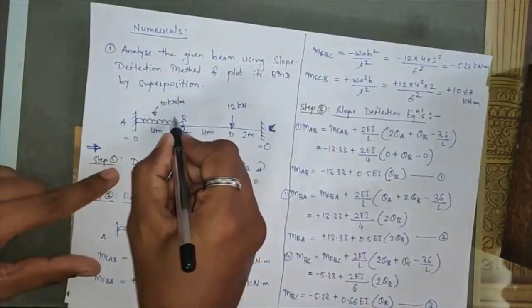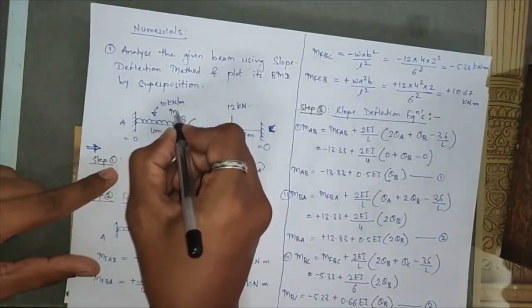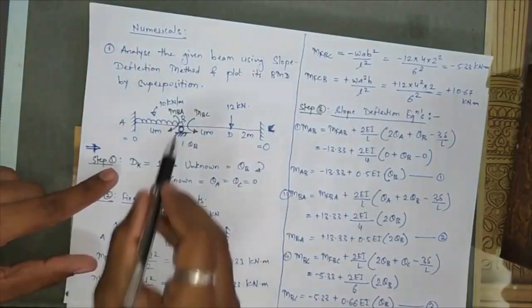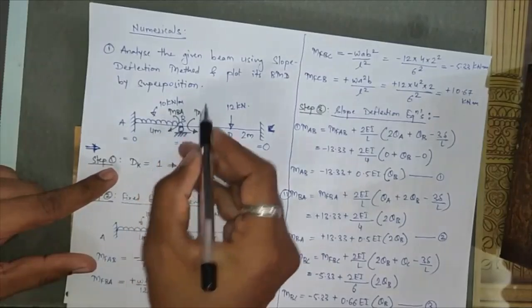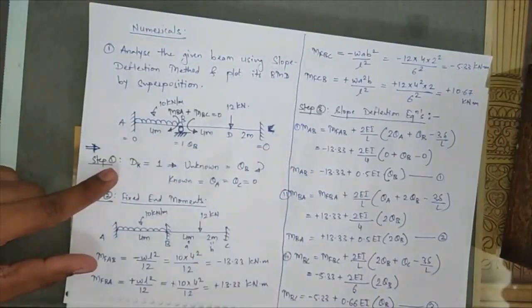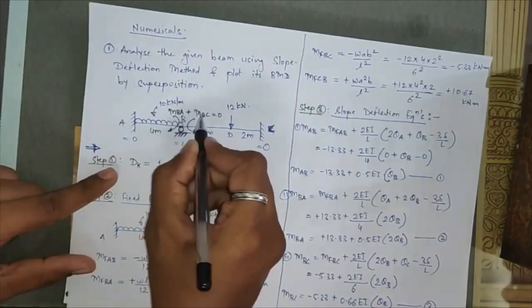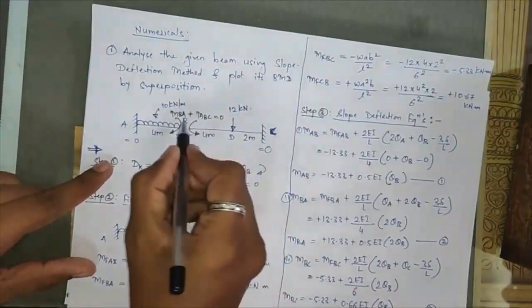So what are these two moments? Suppose I am marking those here. This moment is your MBA, and here your moment is MBC. So to keep this joint in complete equilibrium, what must happen? The summation of these two moments shall be equal to 0. Or the second condition is that these two moments must have the same value, but their acting nature must be opposite to each other. That is, if I solve this, what will happen?